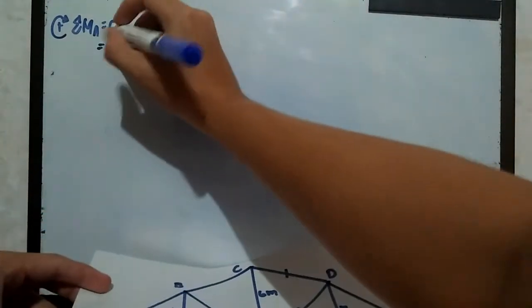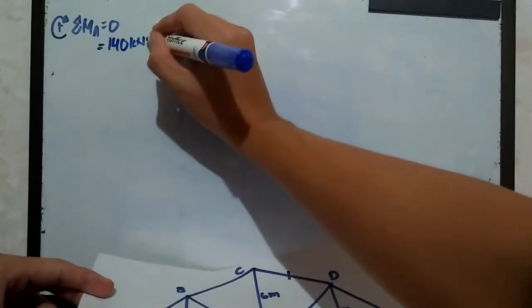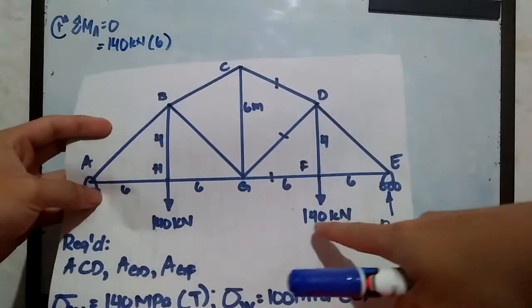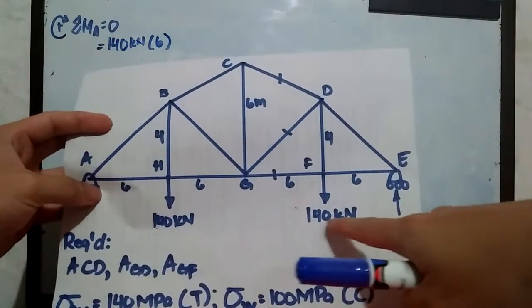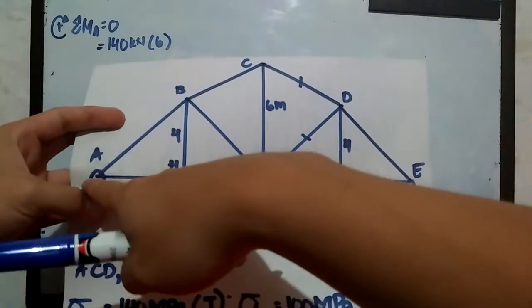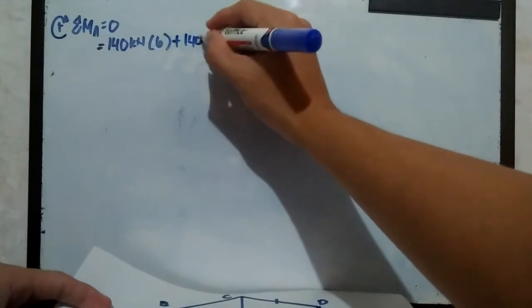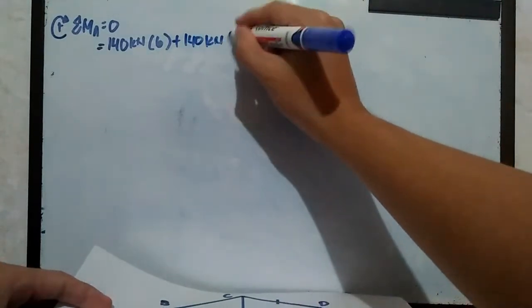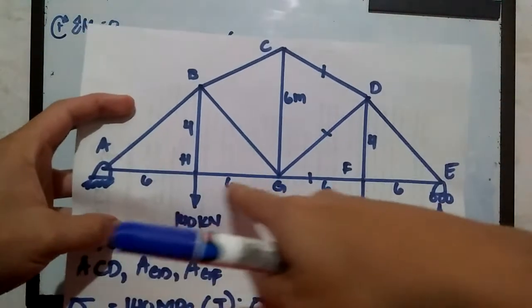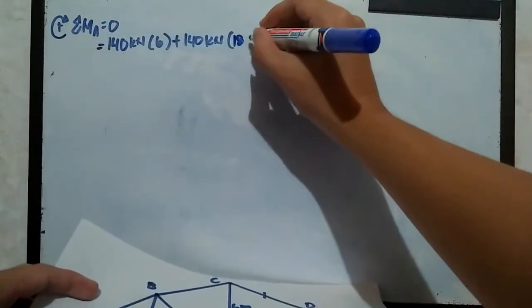So 140 kilonewtons multiplied by 6, positive. And then we have another 140 kilonewtons that is 6, 12, 18 meters away from point A. So plus 140 kilonewtons multiplied by the perpendicular distance equivalent to 18 meters.